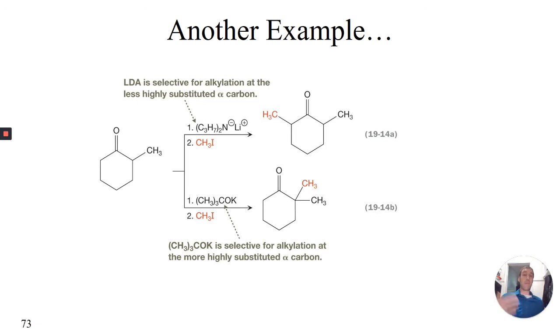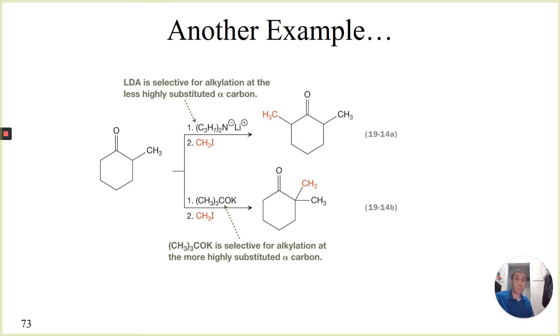Similar examples, if I wanted to go through and alkylate that starting ketone, I could pick different bases to result in different spots being alkylated, and they'd be selective for that alkylation. How are we selecting between those? Well, that selection is ultimately coming back to kinetics and thermodynamics.